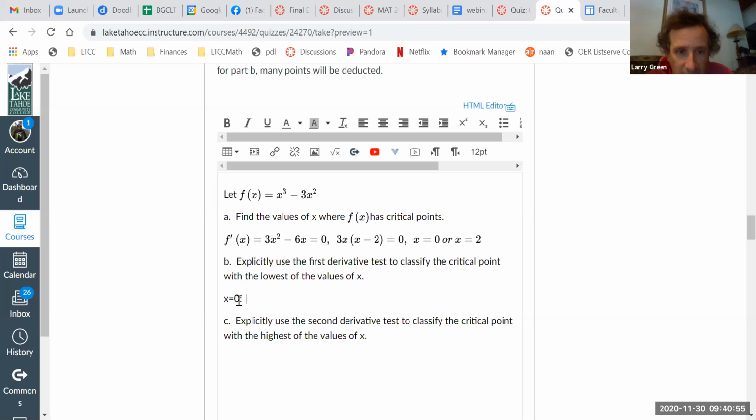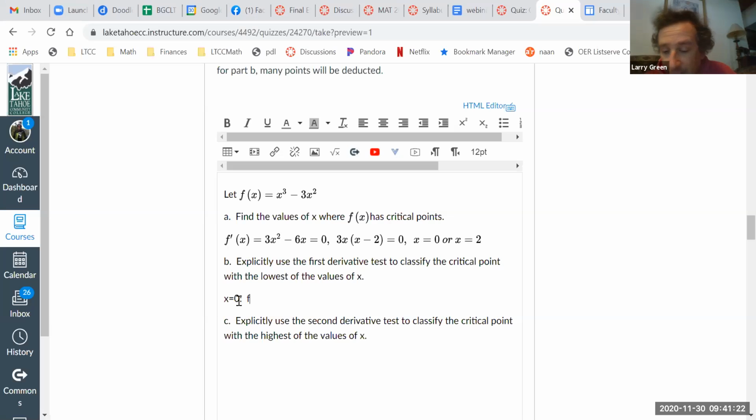Let's use the first derivative test. The key on the first derivative test is you're supposed to plug in a little to the left and a little to the right. The main thing is you're not allowed to pass any other critical values. What's the easiest value to plug in that's a little to the left? Yeah, -1.